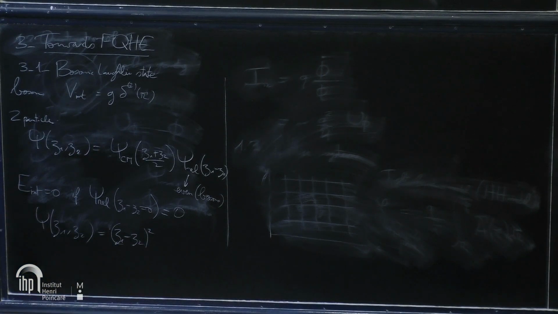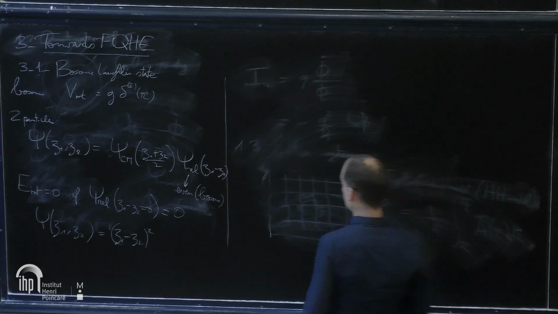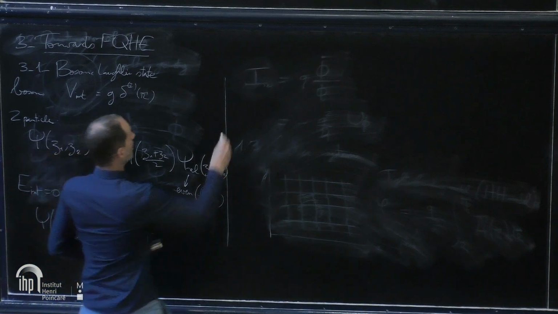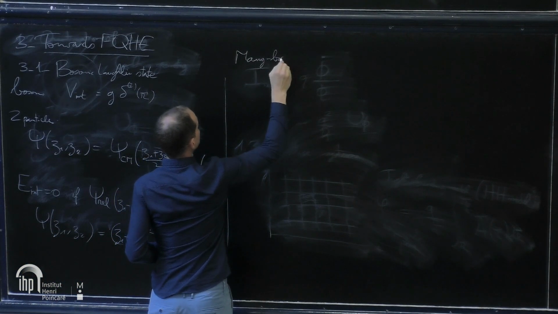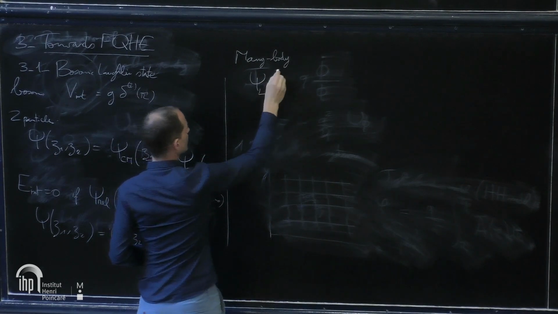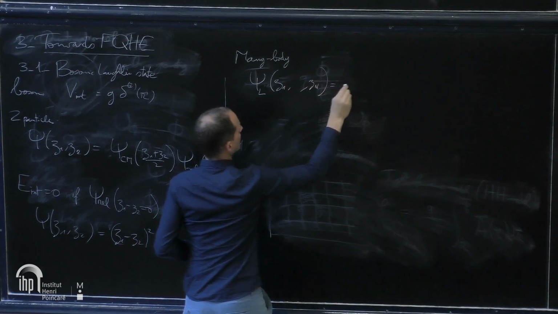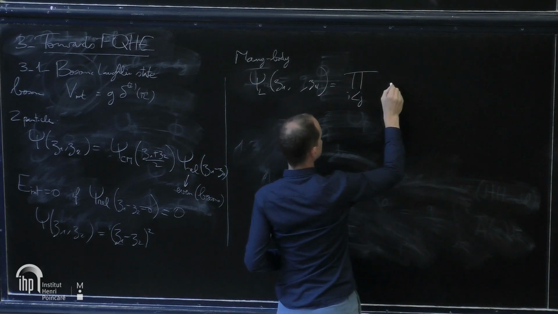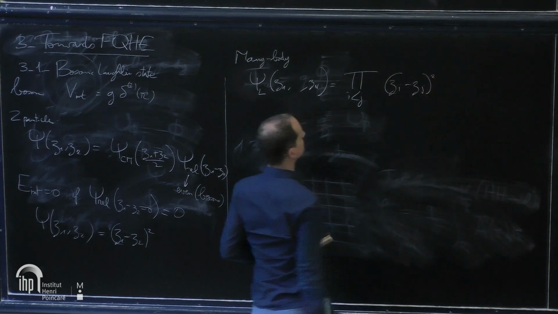This is the so-called Laughlin wave function for two particles, and it's clear that it has 0 interaction energy. And we can obviously generalize to the many body case to write the so-called Laughlin wave function, which is simply a product over all pairs of (Zi minus Zj) squared.